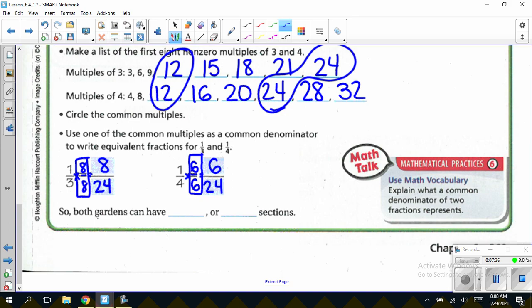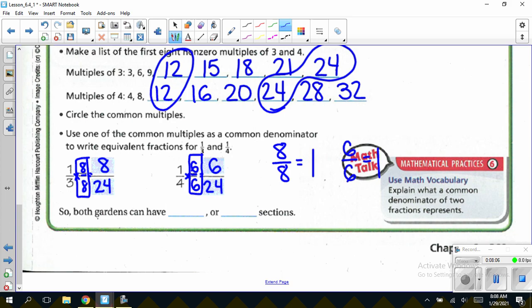Remember, anytime you have a numerator and the denominator equaling the same thing, so for example 8/8, that equals 1 whole, because if you would have a rectangle with 8 sections, you would color all 8 sections in, so you are coloring in one entire strip of rectangles in. Same thing with 6/6. 6/6 again would equal 1 whole.